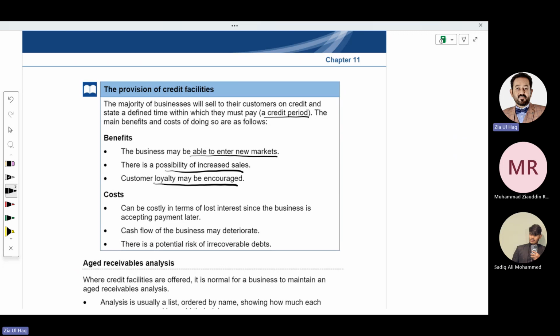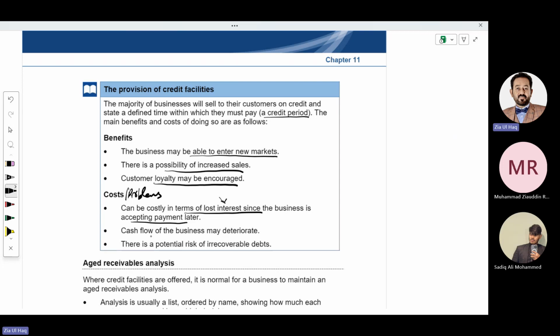But selling goods on credit will cause some problems for the business as well. What problems does the business have to face? It can be costly in terms of interest, since the business is accepting payment later. You have provided the goods now, but you will receive money in future. If you received money now, you could put it somewhere to generate a benefit, but you are losing that benefit.